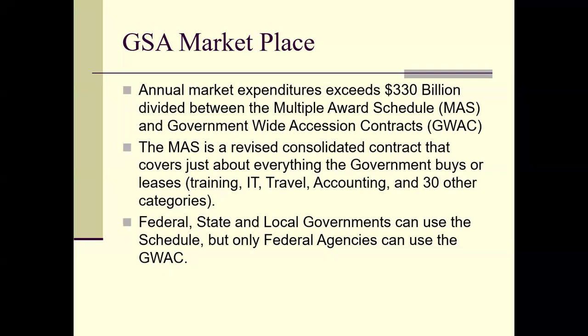The GSA GWAC contract is based on what you want to do, but then federal agencies can only use the GWAC, but the MAS can be used by any government agency. It cannot be used by commercial activities. So if you're trying to give your rates to a commercial client, what will happen is you will then have to give all of those rates back.